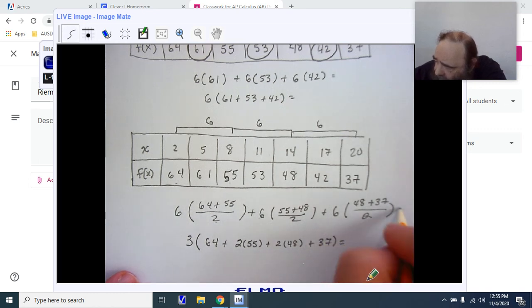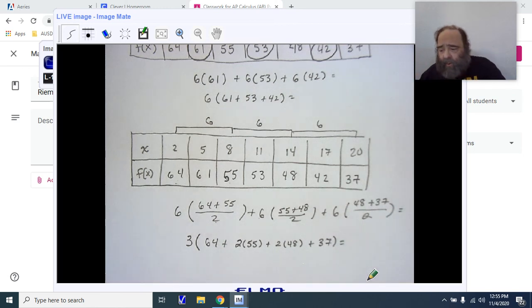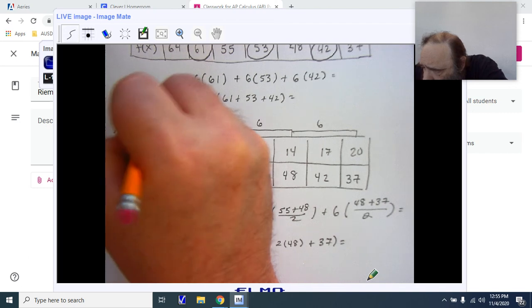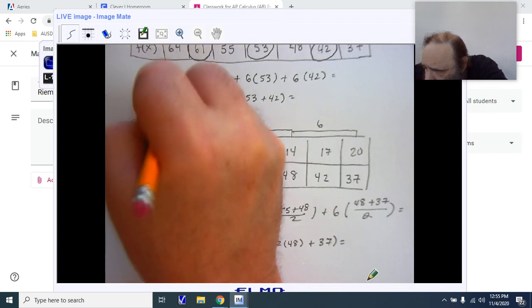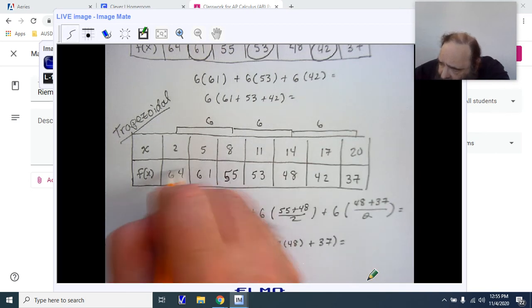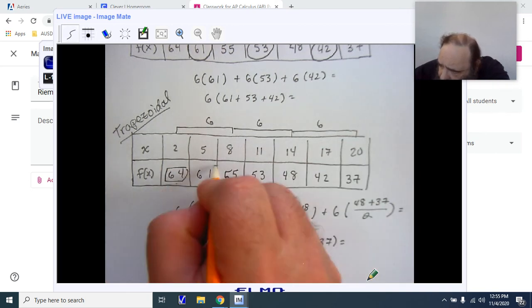Either way, we'll always get the same answer. So it's up to you how you simplify it or what you work with. Once again, with the trapezoid Riemann sum, you want the average of the heights in the interval.